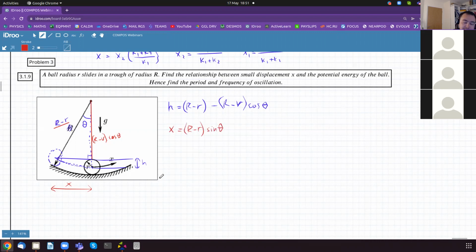And because we're talking about small displacements, we know that sine theta is approximately equal to theta. So this is approximately R minus r theta. So from here, theta is X divided by R minus r.